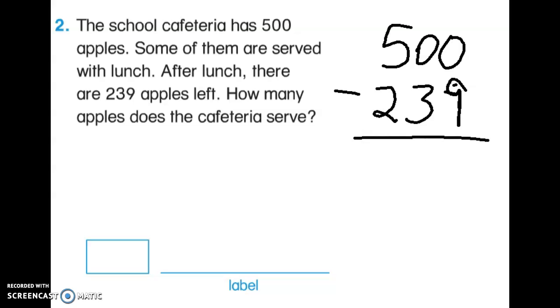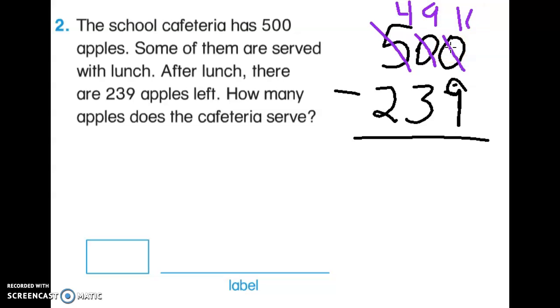So let's do it. If I start with my ones, I have a 0, can't subtract. I have a 0, can't subtract. I can borrow, my 5 becomes a 4. My 0 would be a 10, but I have to borrow from it, so I'm going to shortcut and make it 9.